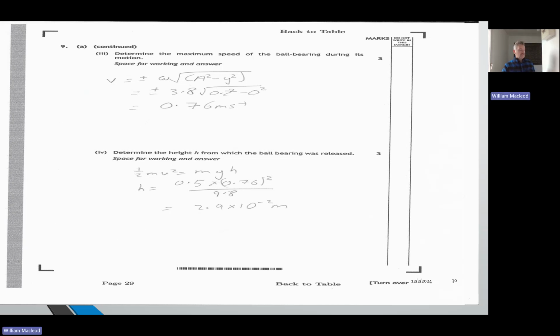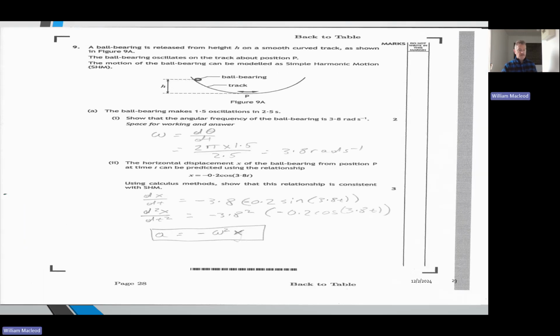We know that the angular frequency is 3.8. The amplitude would be 0.2. We can see that from the equation, can't we?